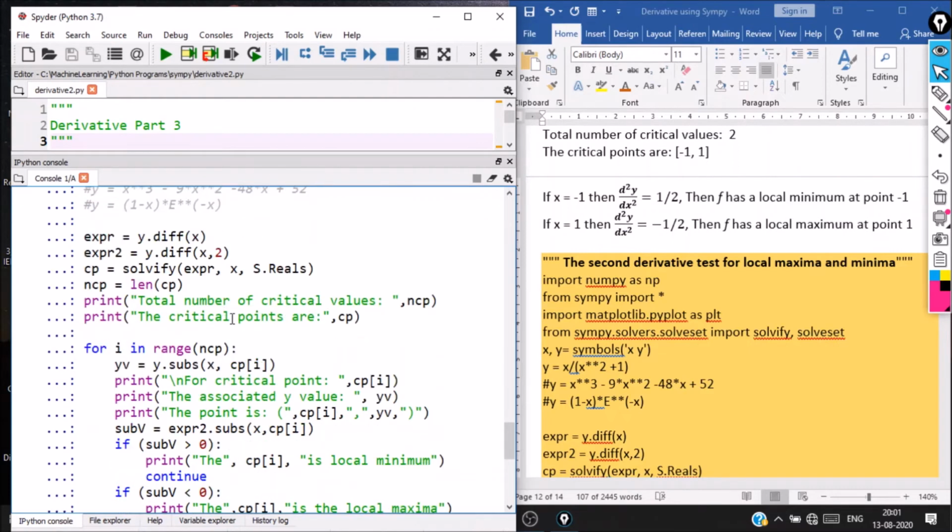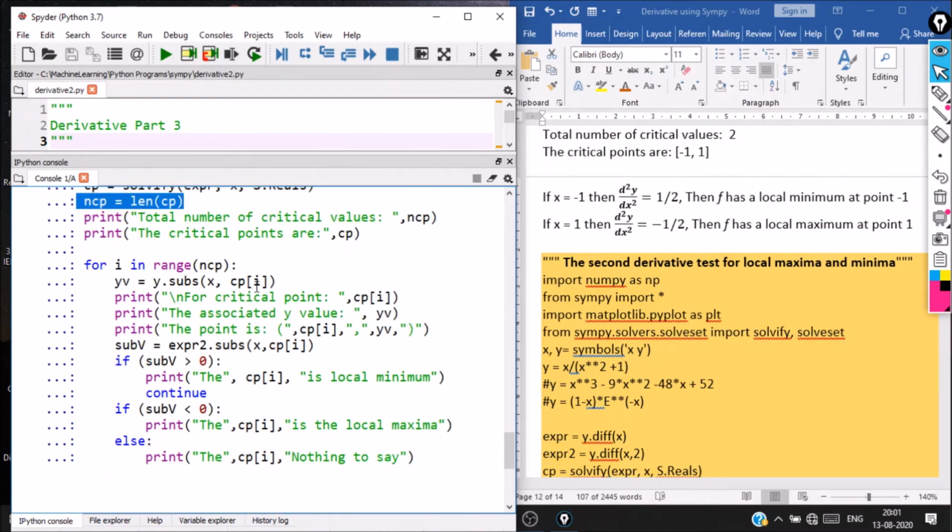Here we identify the first derivative, here the second derivative, here we get the critical points, and here the total number of critical points. For each critical point we identify the associated y value, and we print the critical point, the associated y value and the point.